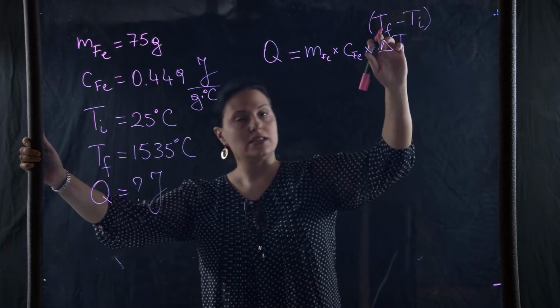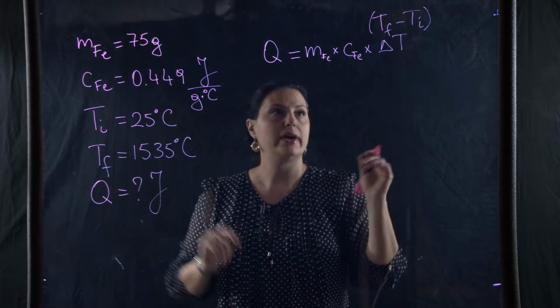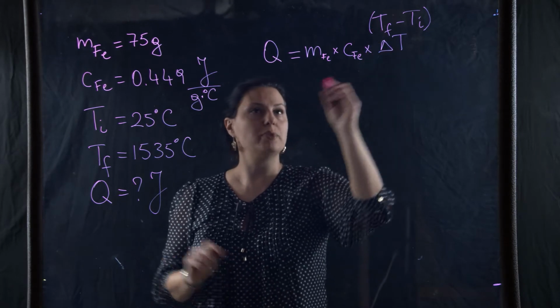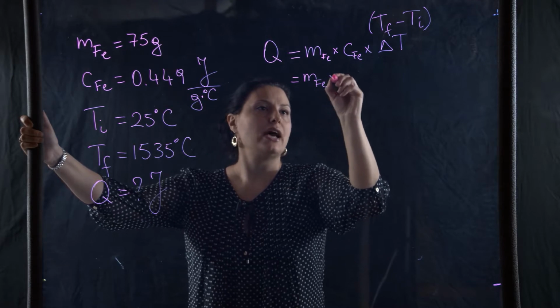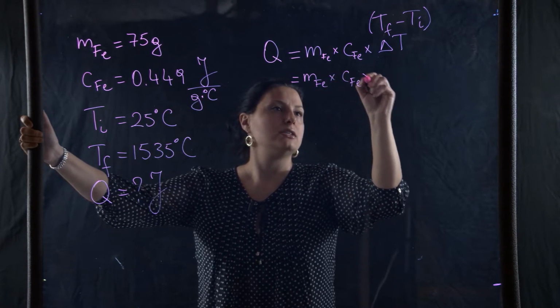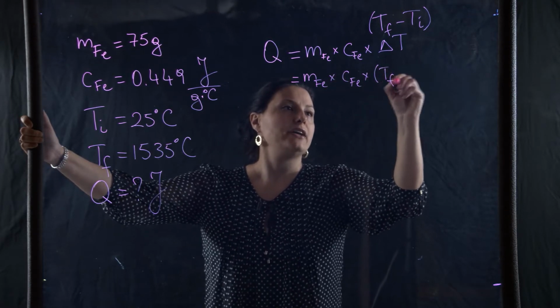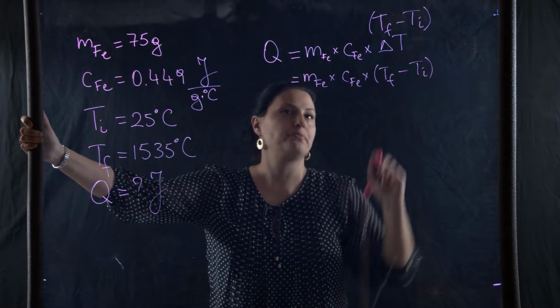You'll see this as T2 minus T1. Either way it's the same, but it's still multiplied, so I'll write it again over here. Mass of iron times c for iron times T final minus T initial.